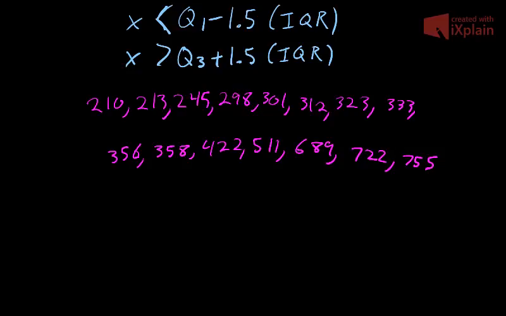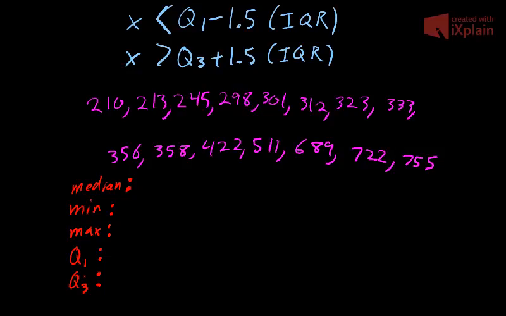So the first thing we want to do is find our median, our min, our max, our Q1, and our Q3. And let's go through this and look real quick.